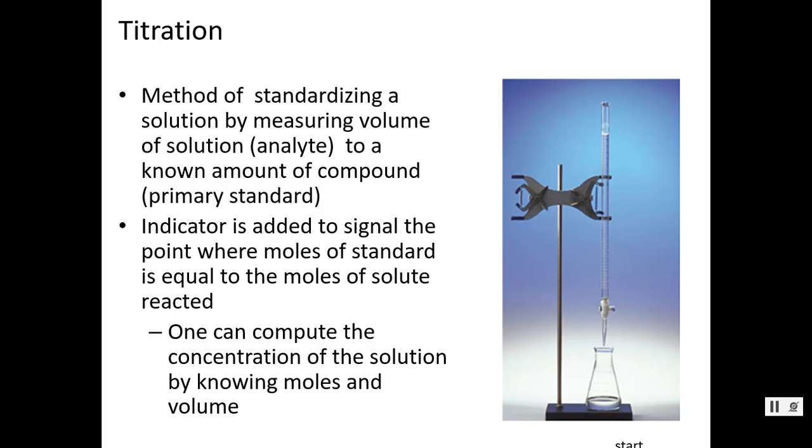The known amount of that compound is called a primary standard, and the solution that you are standardizing is called the analyte. Many times, if the analyte is in the burette, and that's what this long skinny tube is, it's called a burette, that solution is also called the titrant.